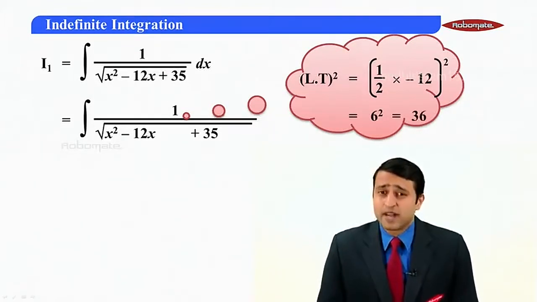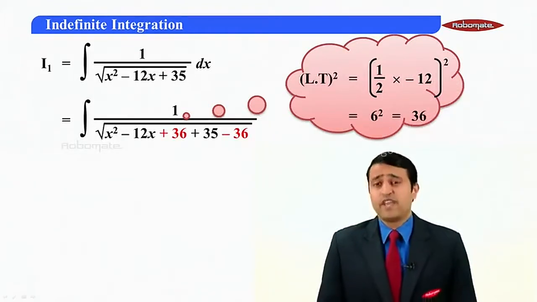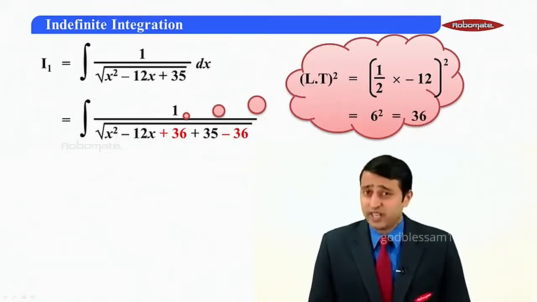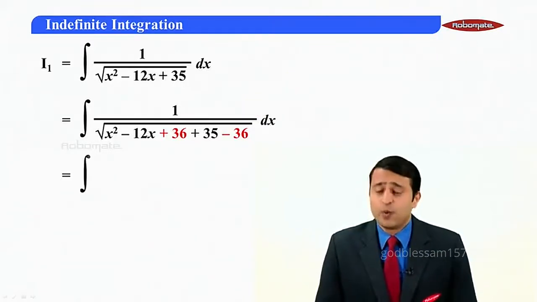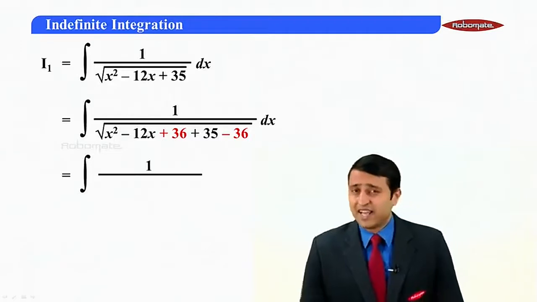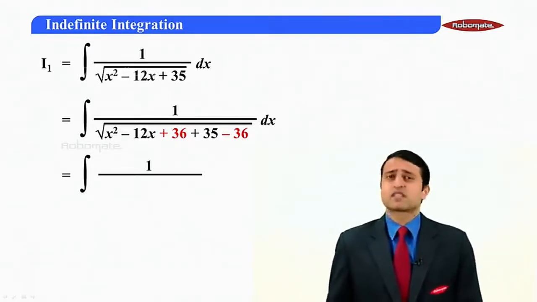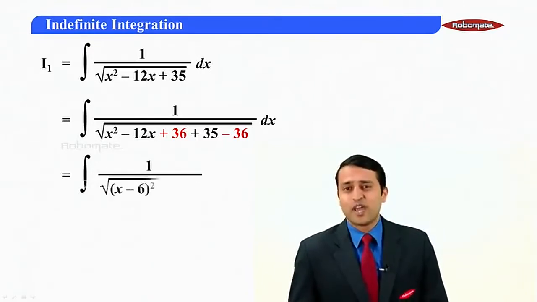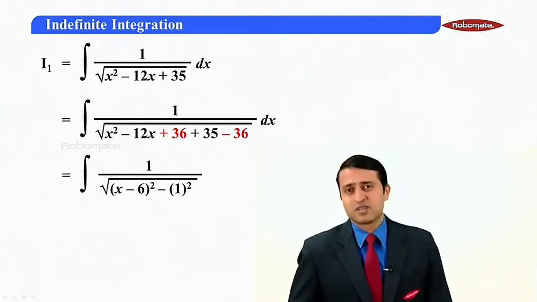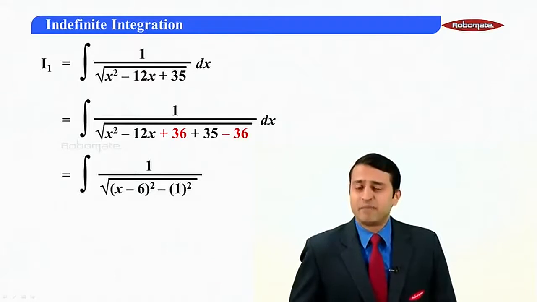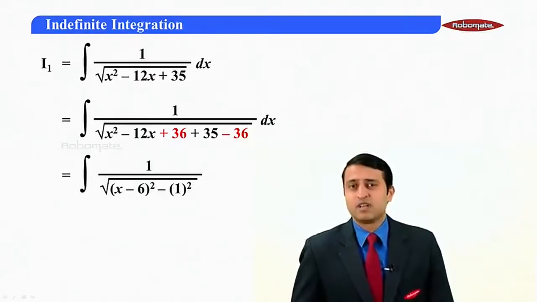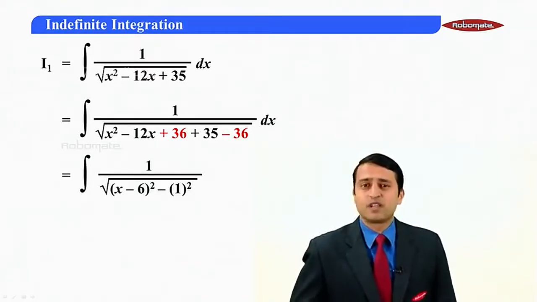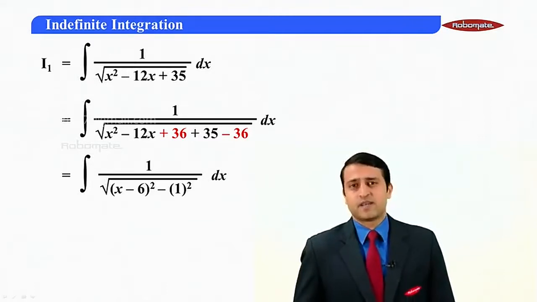So we add and subtract 36. So in the next step we can write integral 1 upon root of, can I say, x square minus 12x plus 36 can be written as x minus 6 the whole square. So let us write here x minus 6 the whole square, and 35 minus 36 is minus 1. So we write it as minus of 1 the whole square, dx is there.